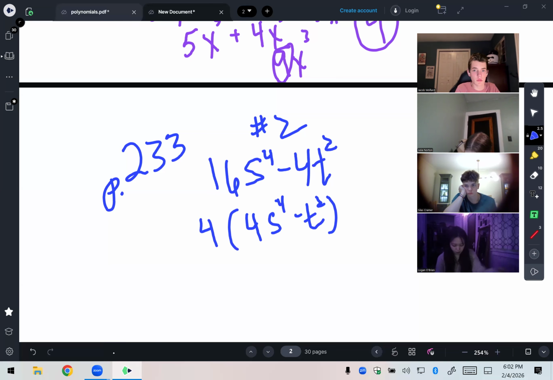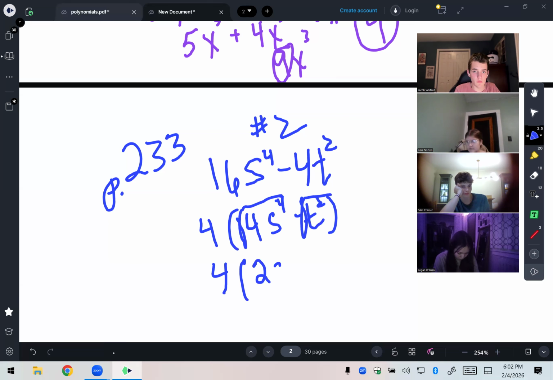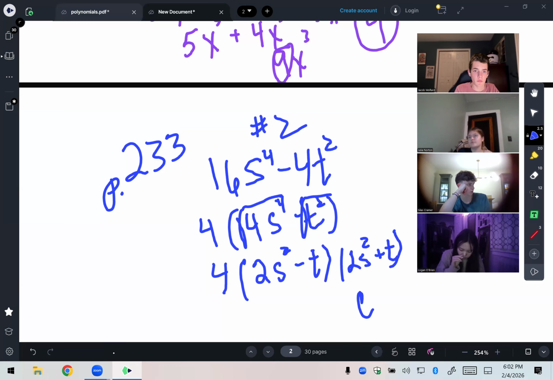So that sort of gives, well, not D, but that gives you a clue that that's what you want to do. Now, this is the difference of two squares, so we could take the square root of this one. And so that'll give us 4 times 2s squared minus t and 2s squared plus t. And that gives us answer choice C.